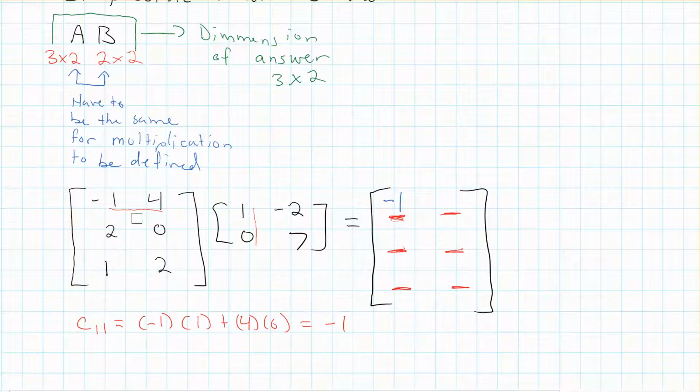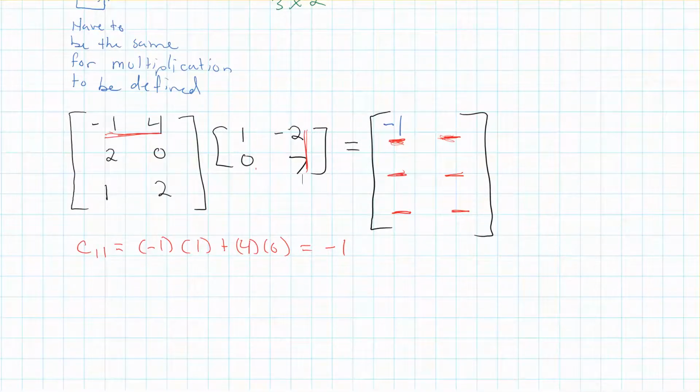Now I'm going to erase those here because I've done the first one, and now we're going to move on to another one. Let's move on to this one. Where's that? That's in the first row, the second column. Since it's first row, second column, I'm going to look at first row still, and then second column.